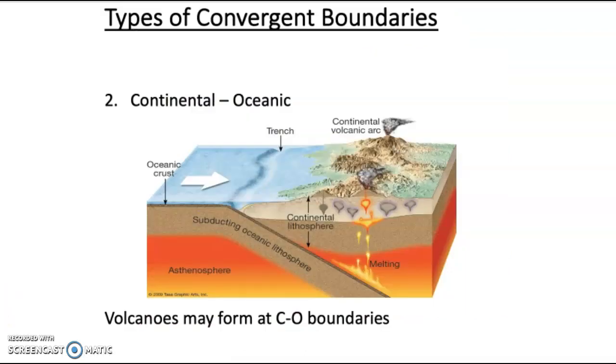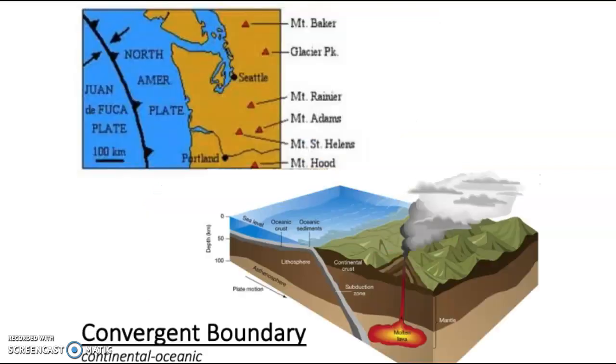All right, another one would be continental and oceanic crust coming together. So here, the oceanic is part of a subduction zone. You have a trench. It's going underneath the continental crust, and on this border where these two boundaries come together, this is where you're going to see volcanic activity. You're going to have those volcanoes. So here's some examples.